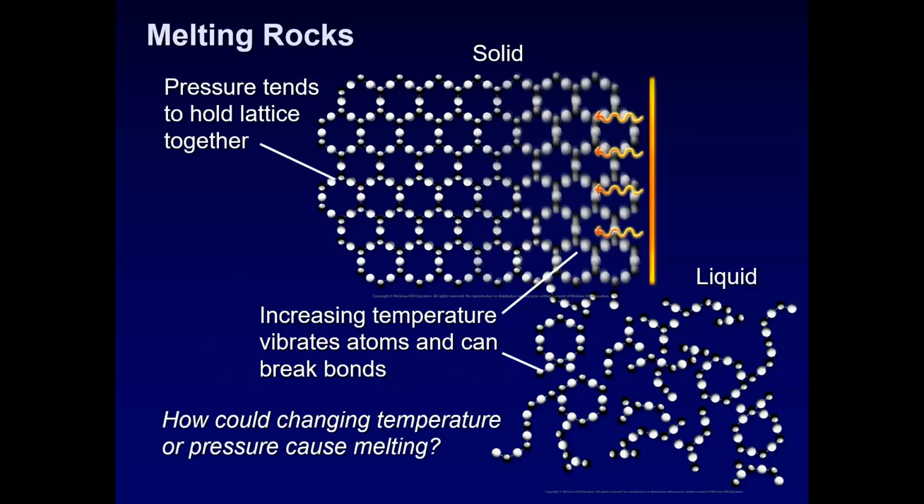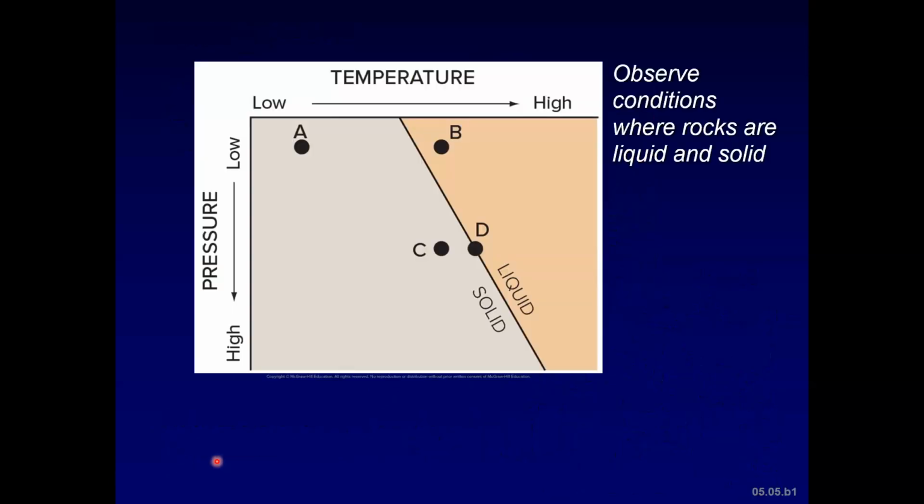So how could a change in temperature or pressure cause melting? Well, we can represent that with these pretty simple diagrams. We have pressure increasing on this axis and temperature increasing on this axis, so from low to high, low to high.